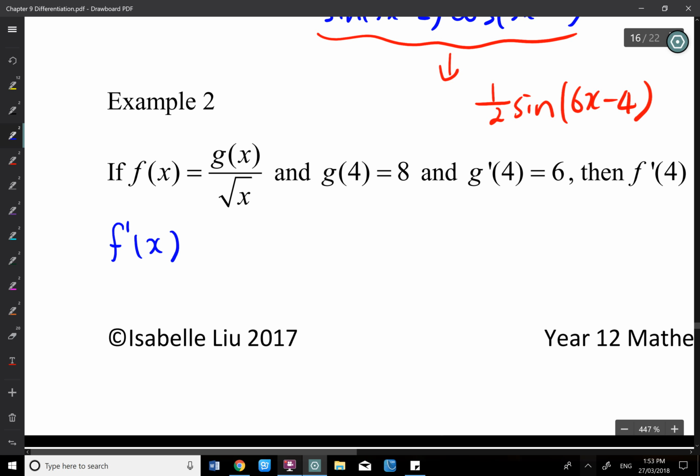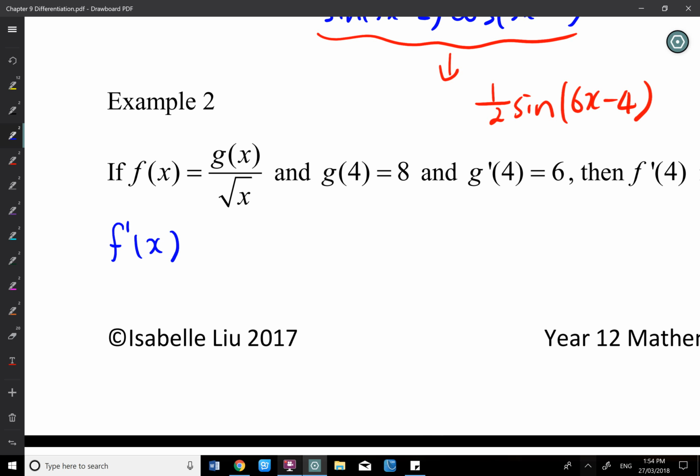So have a think how to use the quotient rule to find f dash x.